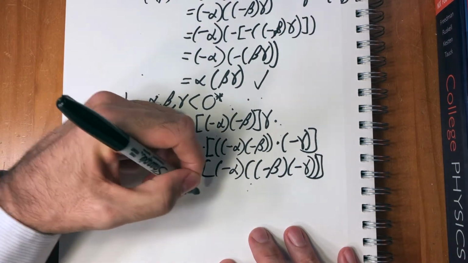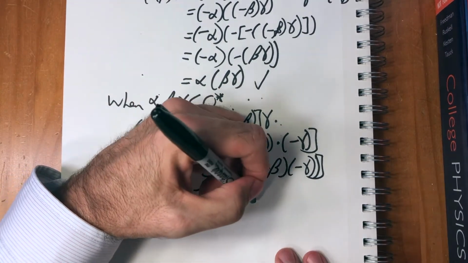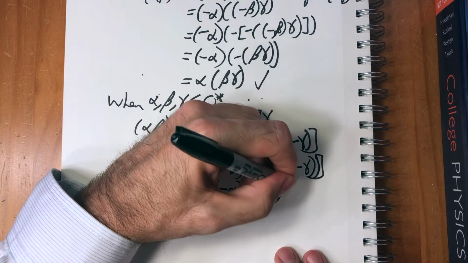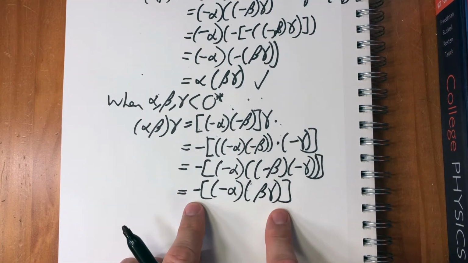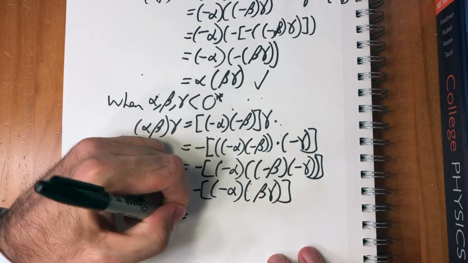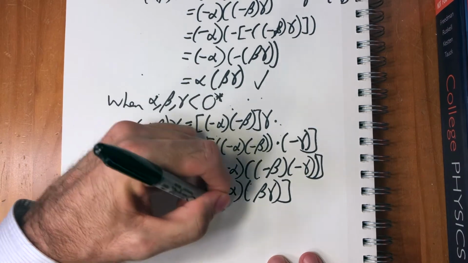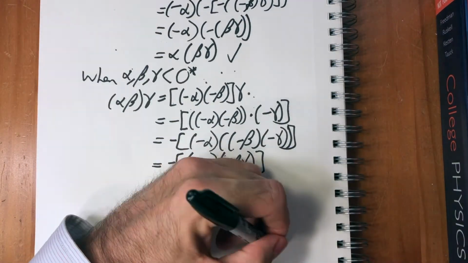So we have minus alpha times beta gamma. So we're almost there. And what do we have here? This is the definition of a negative times a positive. So we can rewrite that as alpha times beta gamma. Okay, we did it.